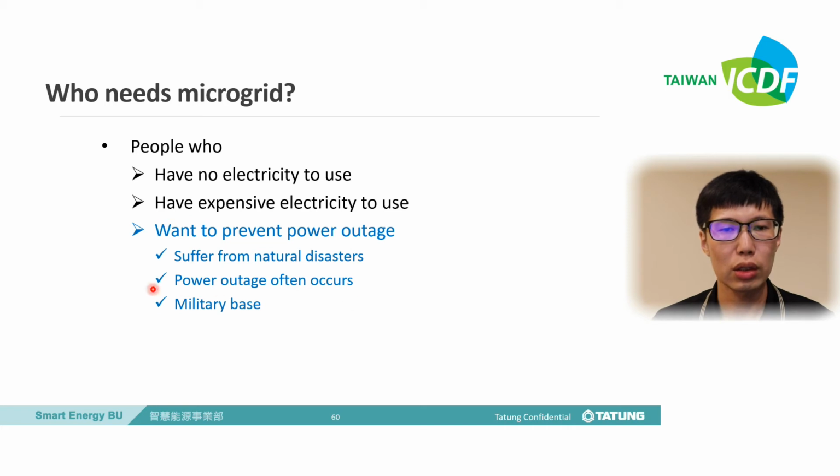In this case, the power reliability of the system may be very bad, so power outages will often occur. And another example is the military base, where it is very important, because if there is no electricity to use, then the military will be in great danger.